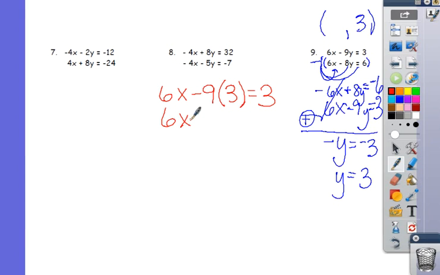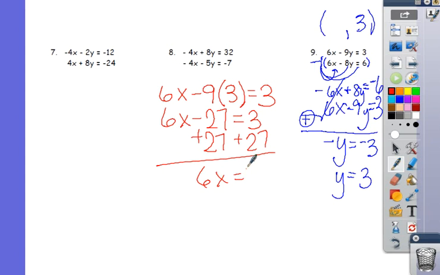So 6x minus 27 equals 3. Add 27. So 6x equals 30. Divide by 6. X equals 5. 5, 3. Okay, are we pretty good on that? So we see the type where the variable can eliminate right away because we have opposite numbers. We see the type where the terms with the variable have the same exact number, so we can get them to be opposites by multiplying one of the equations by negative 1.